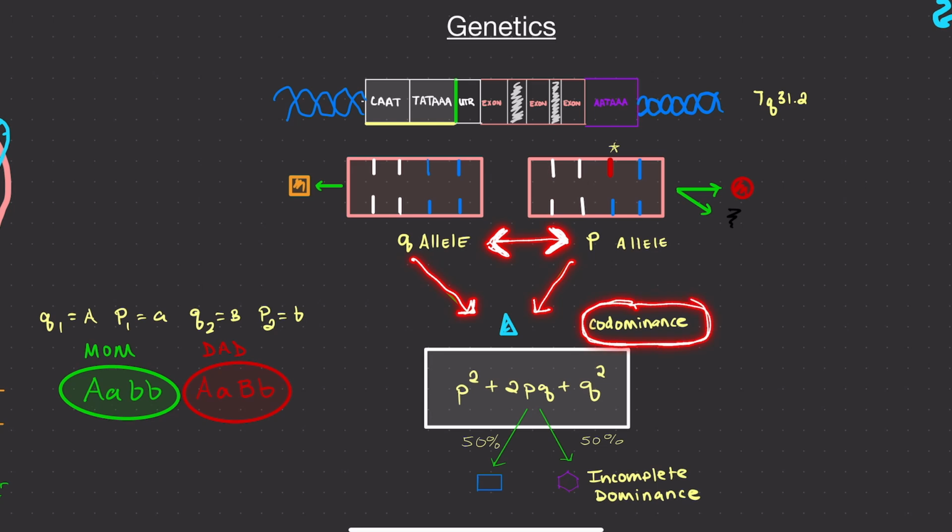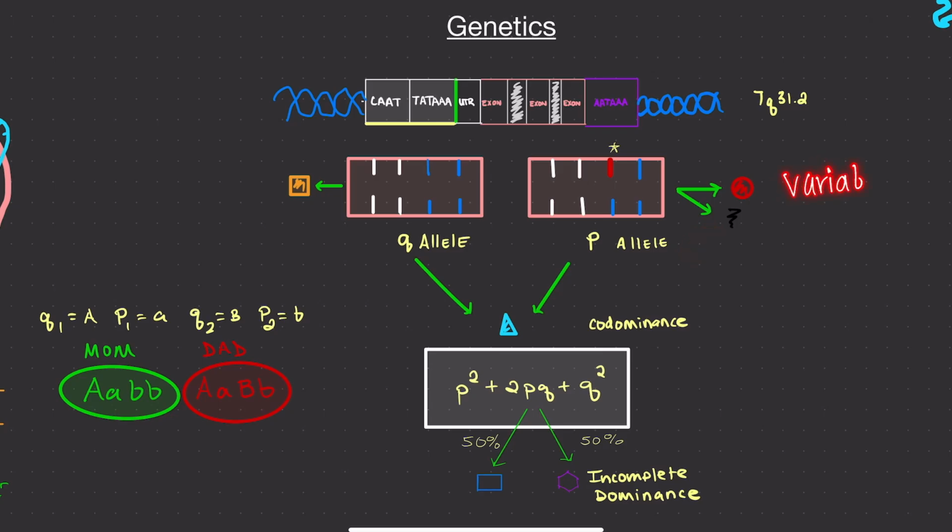So we have the Q allele that codes for a blue triangle, and the P allele codes for the blue triangle. Alternatively, you could have one allele, the P allele, for example, express itself as two different phenotypes.